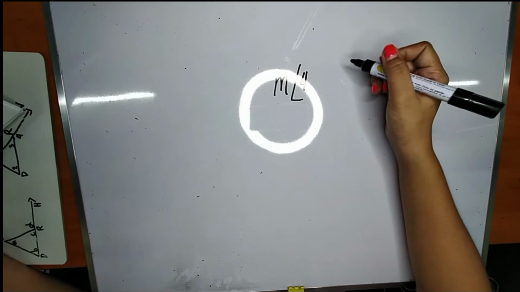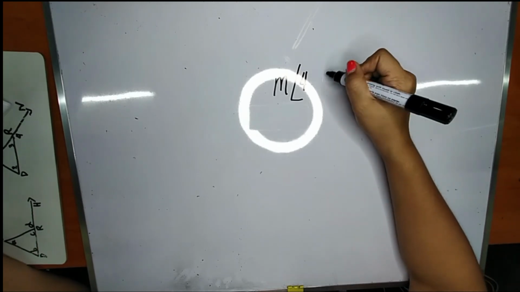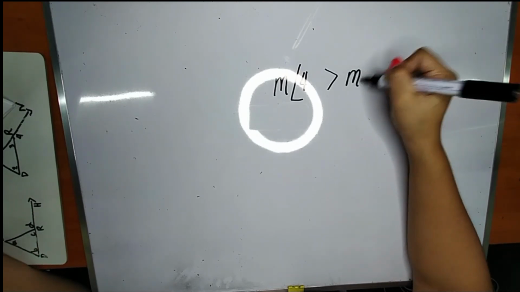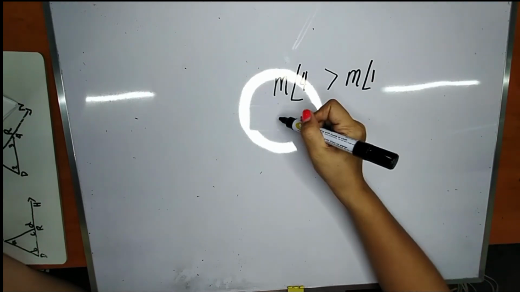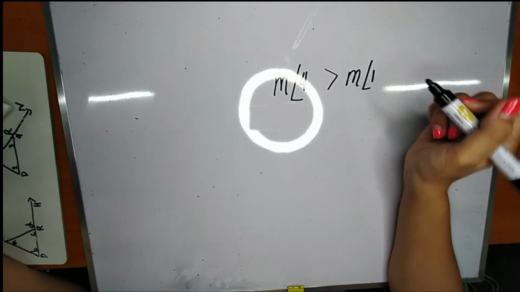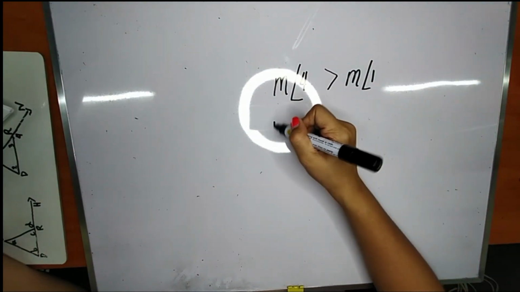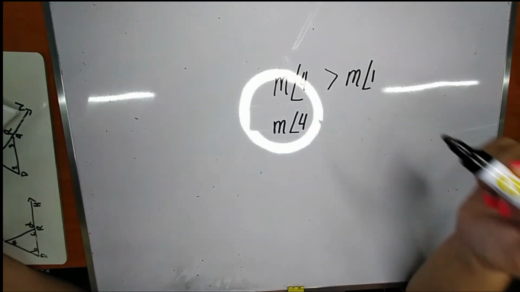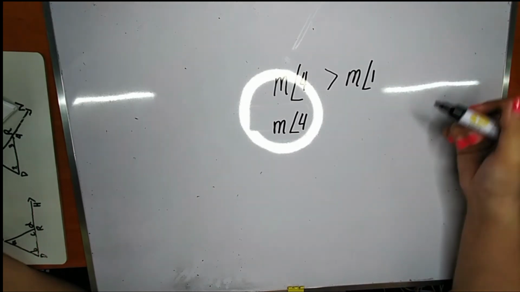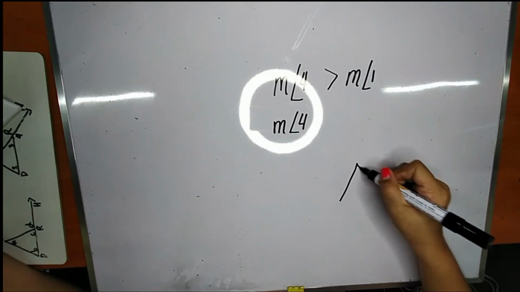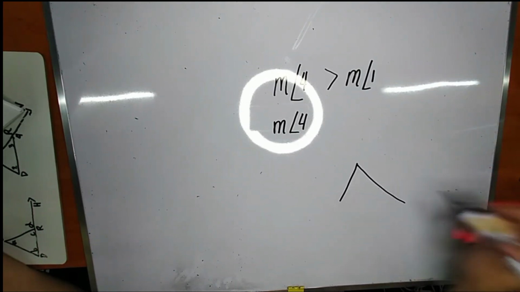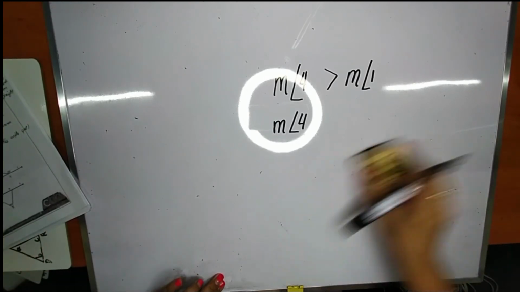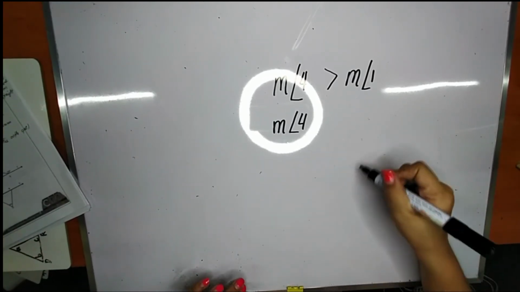Ingon gani ko nga measurement ni angle 4 is greater than measurement of angle 1. Nya ingon din ko "or", dili to siya "or" guys, kundi "and". Buti pasabot si angle 4, which is the given figure ganina, is the exterior angle.